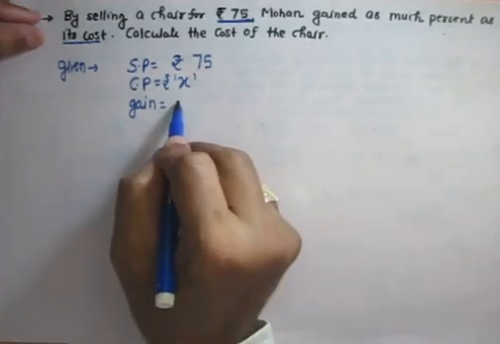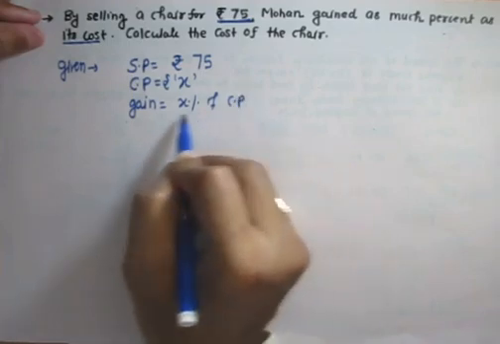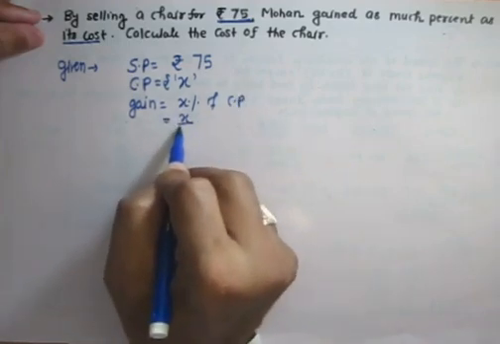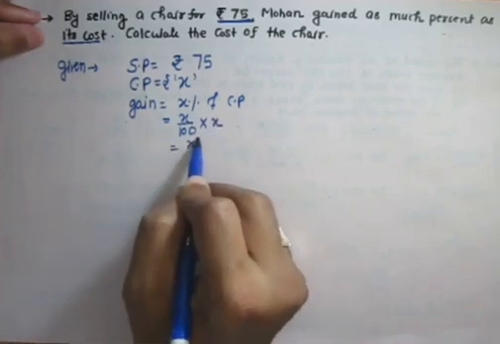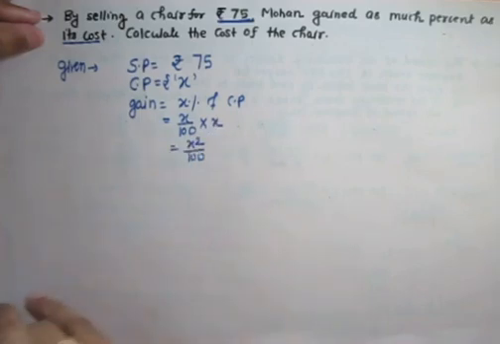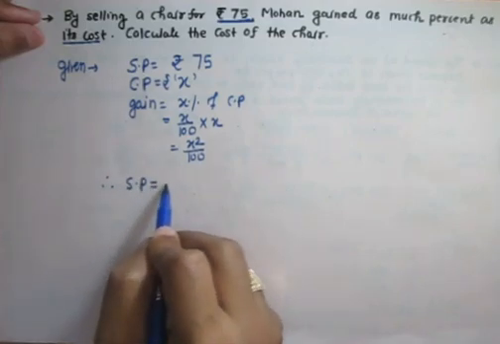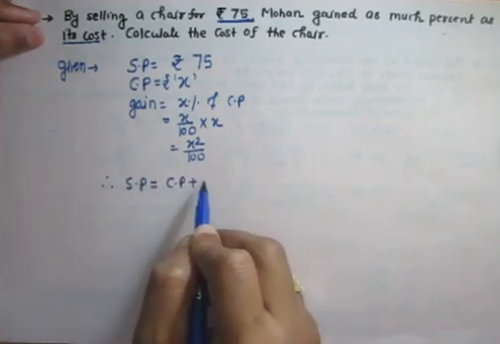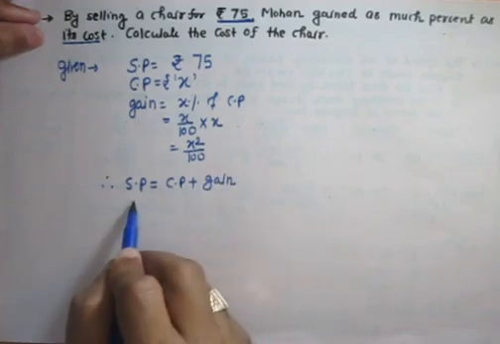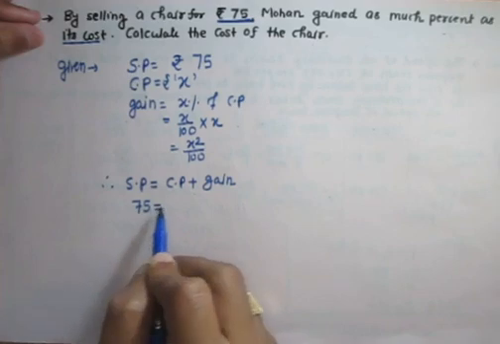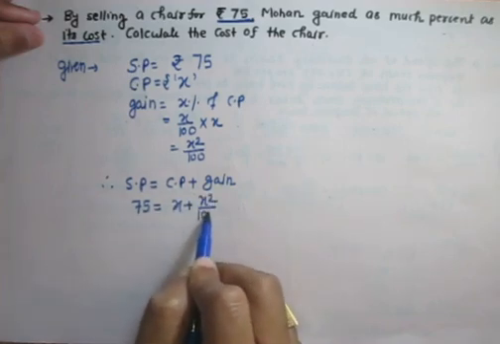So it will be X% of cost price, so that is X by 100 into cost price. So it is equal to X square by 100. Now we know that selling price must be equal to cost price plus profit or gain. So 75 must be equal to X plus X square by 100.